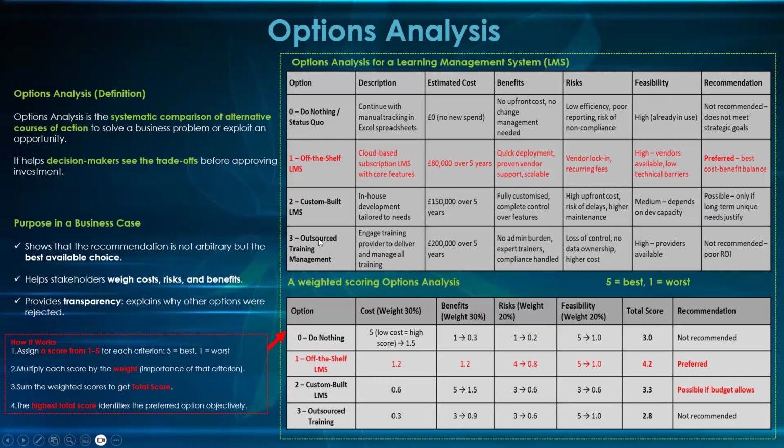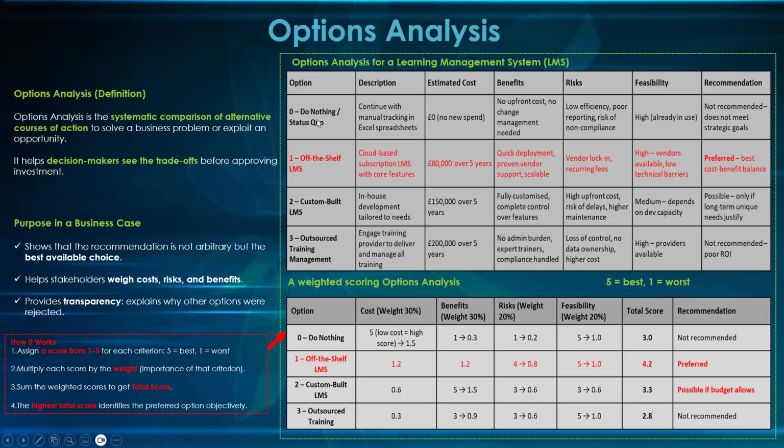Now, we want to analyze those options and see which one will best suit what we are looking at, based on the money that we have, based on the risk, based on how feasible it is to set up.